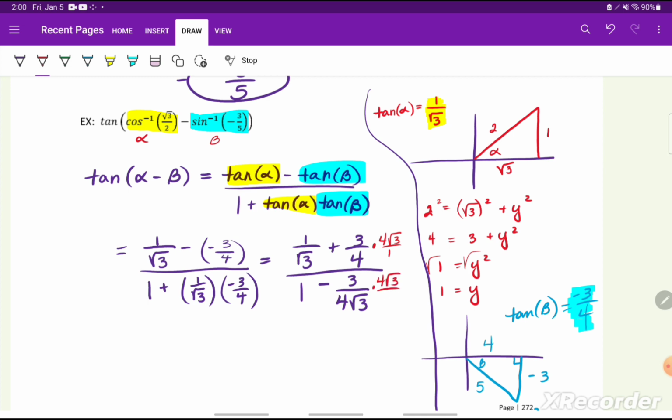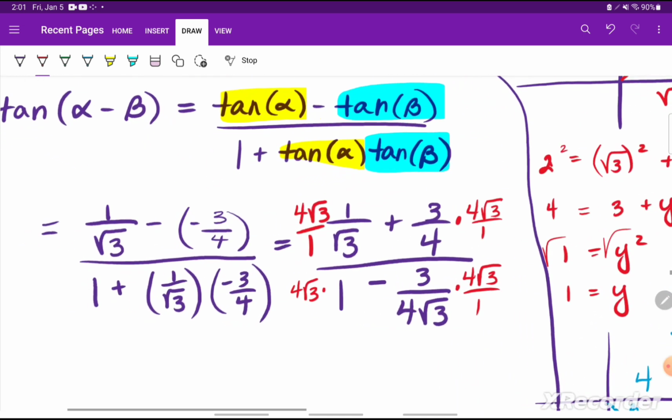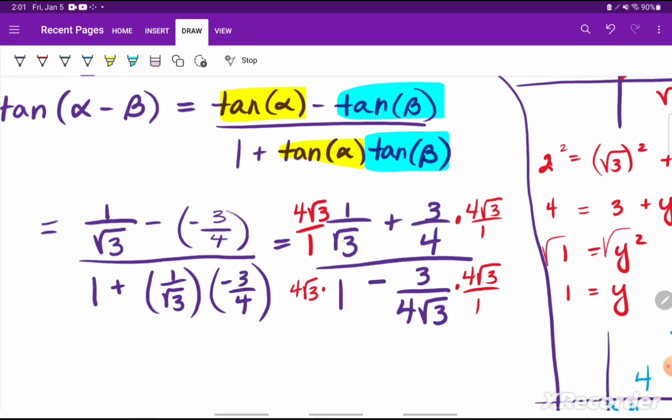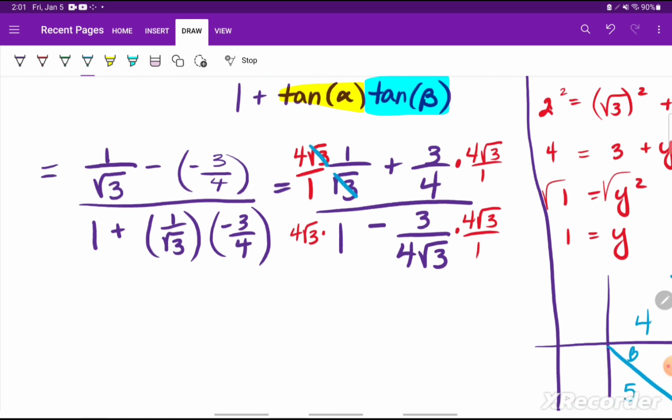The whole point of multiplying through by the LCD is to eliminate all the individual denominators. So all the individual denominators should cross cancel out. And we see these square roots of 3 cancel out, leaving us with 4 times 1, which is 4. These 4's cancel out, leaving us with a positive 3 times square root of 3.